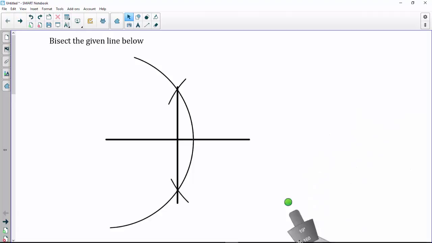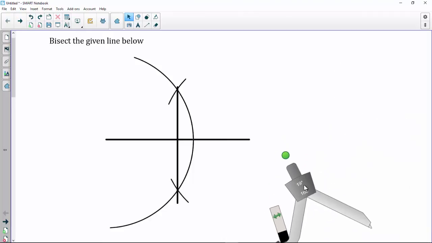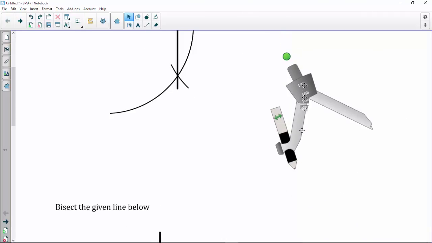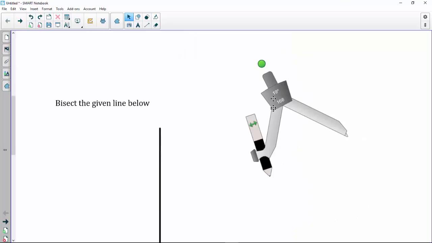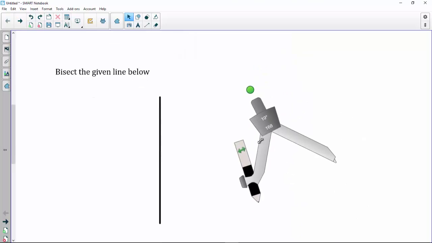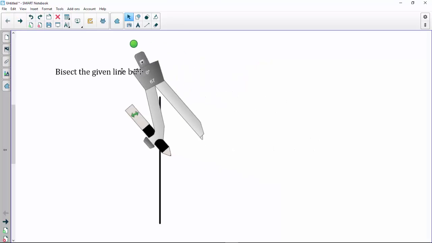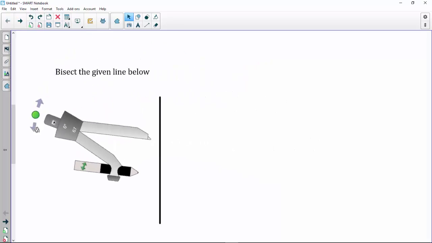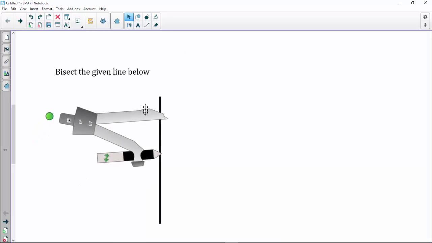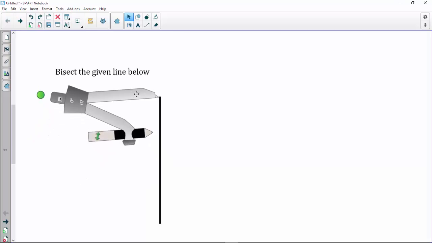Now let us bisect a vertical line, and yes, it involves the same exact principle. So position the compass at the start of the line. That's roughly there.